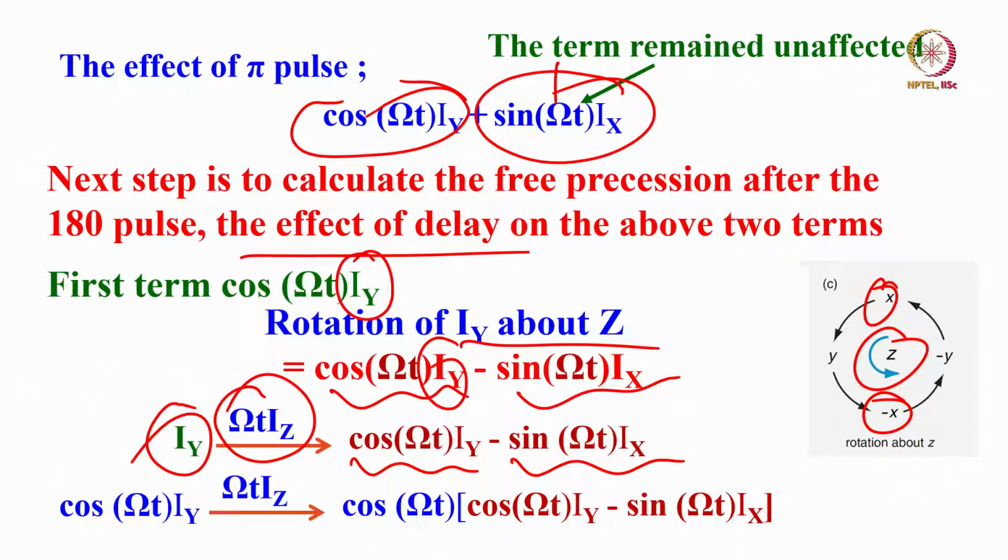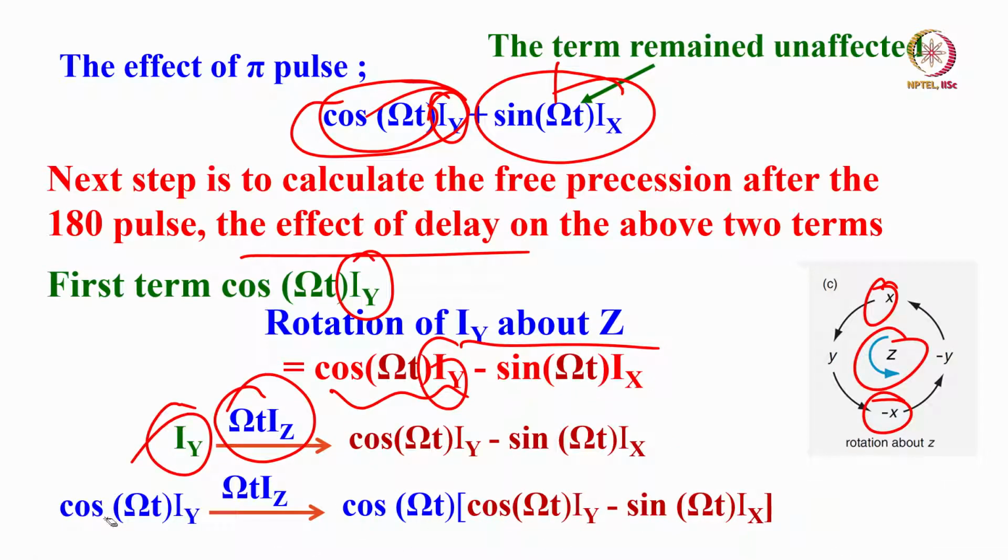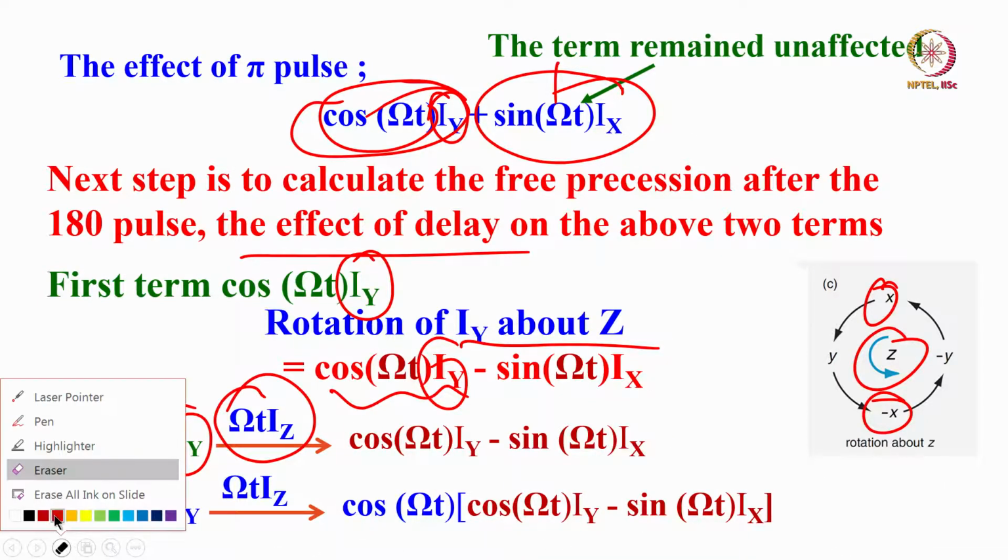Now the cosine omega t multiplication is still there. We cannot ignore that. The solution of rotation of Iy with cosine of omega t is cosine omega t into Iy minus sin omega t into Ix. This is the solution you are going to get. Okay. So this is for the first term.